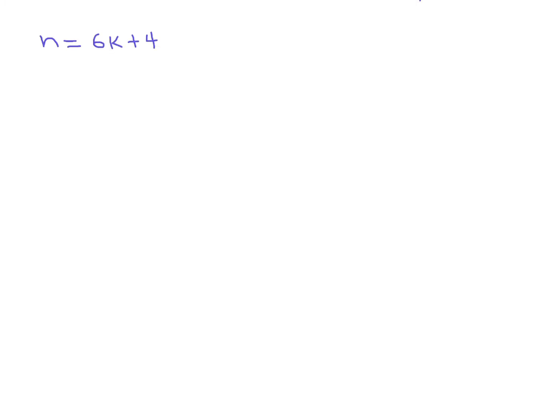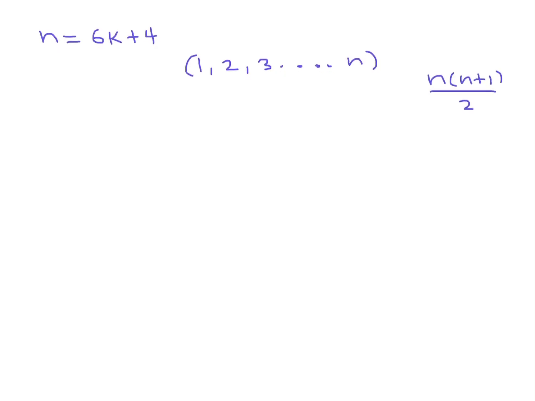Okay, very similarly, we have 1, 2, 3 all the way up until n. And the sum, of course, is n times n plus 1 over 2, like that. And since n is equal to 6k plus 4, this sum becomes 6k plus 4 times 6k plus 5 all over 2.